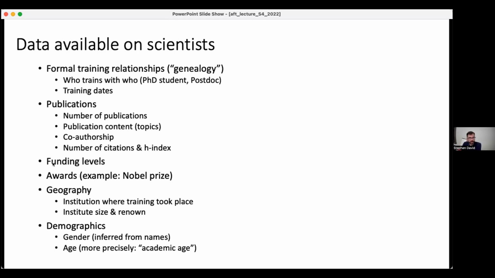Now that we've expanded into the more sociology side of things, what becomes interesting are questions around, for instance, geography and demographics, right? So does where you do your training impact your career, or how mentorship impacts science? And of course, I think this is something that a lot of us are interested in: demographics.